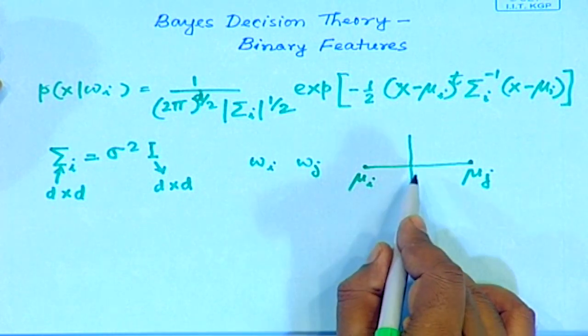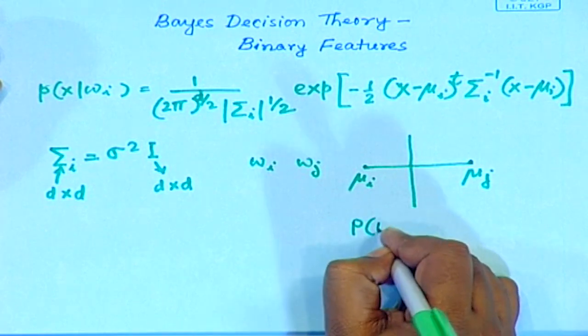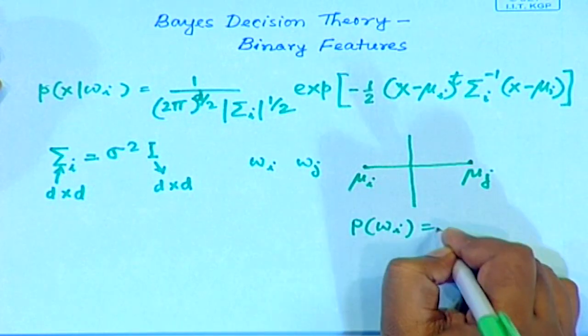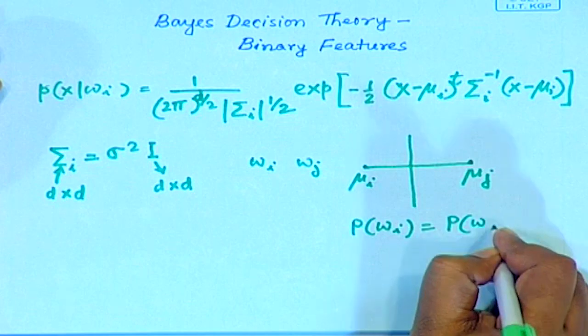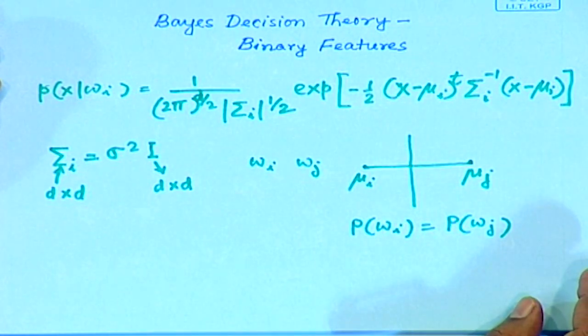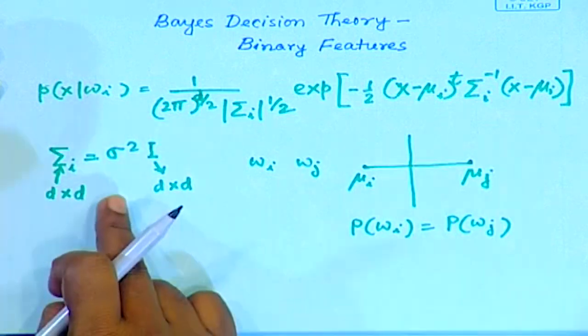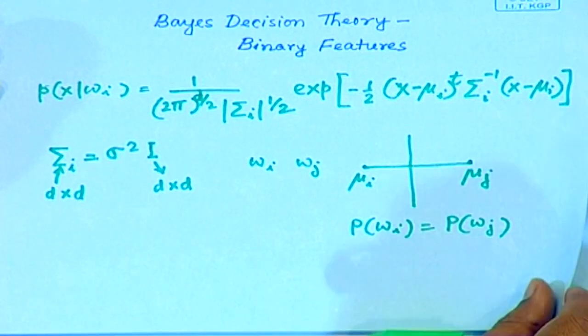And if the a priori probabilities P of omega i is equal to P of omega j, then this decision surface becomes an orthogonal bisector of the line joining mu i and mu j. So this was our simplest case.